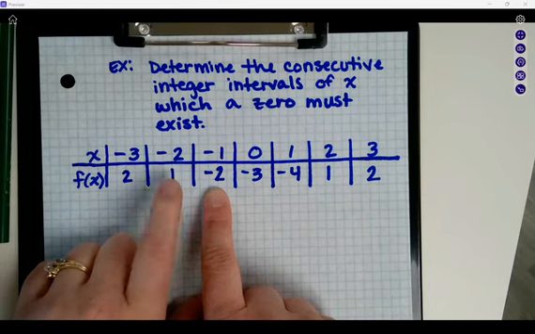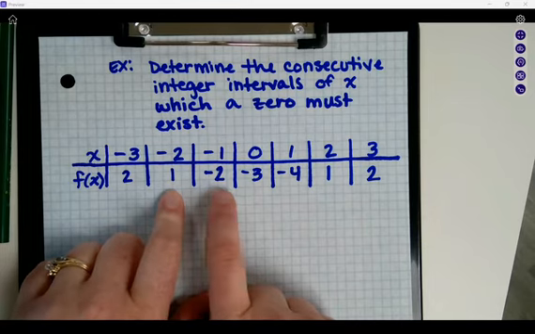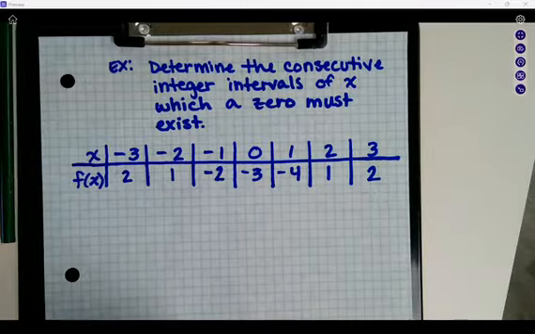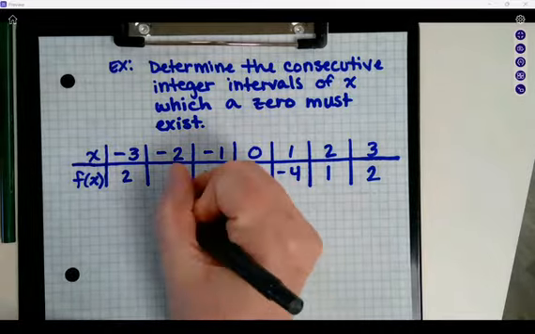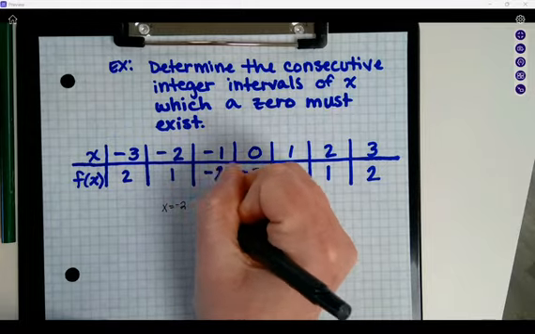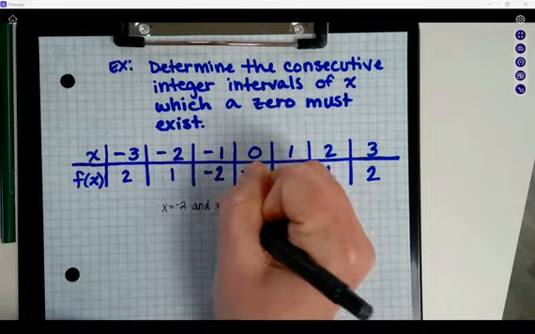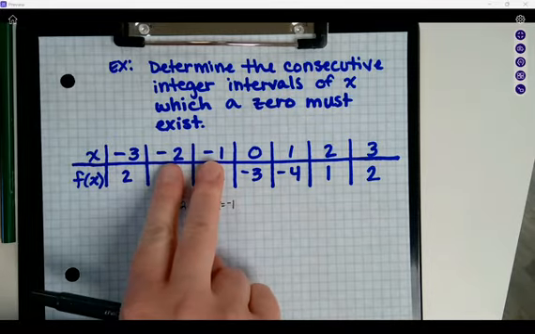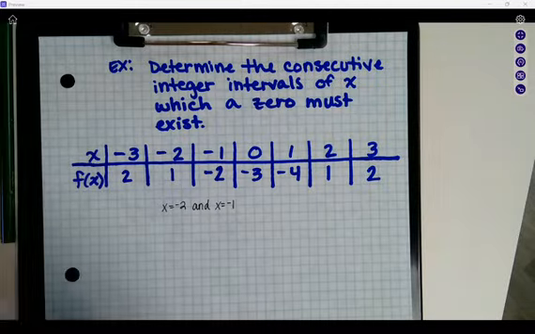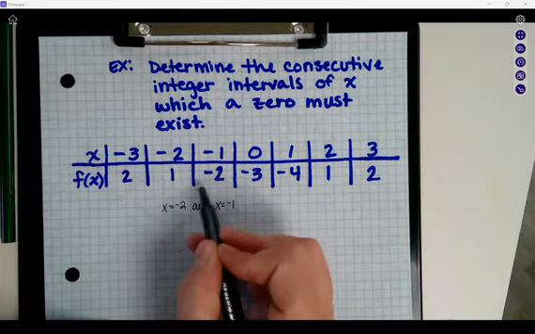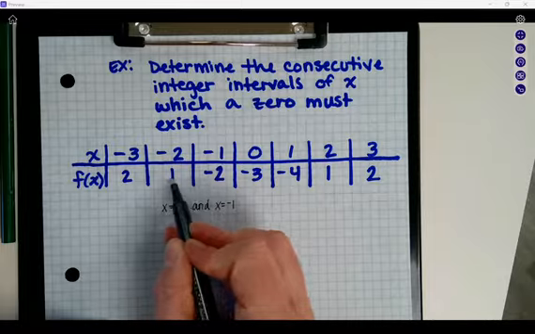It's going from positive to negative. So I know for sure that between x equals negative 2 and x equals negative 1 there has to be a zero because my outputs changed signs. I went from positive to negative.